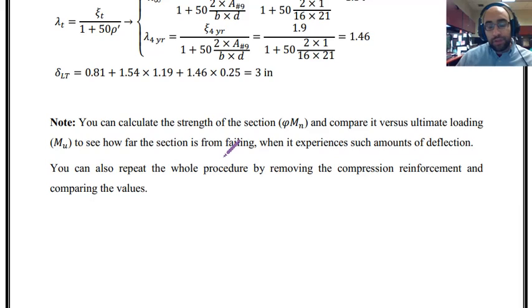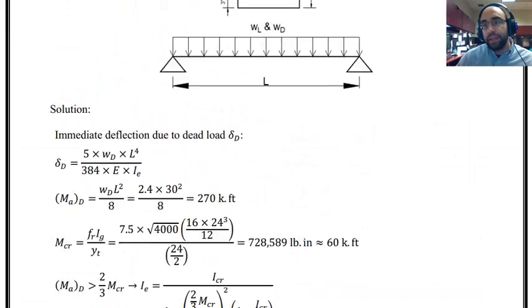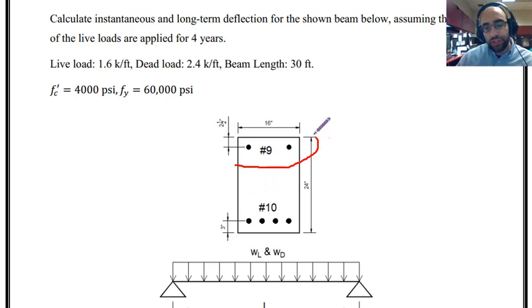The other thing that I suggest you to do is to remove the compression reinforcement and then solve the problem again. Remove the compression reinforcement, or these 2 number 9 bars. Of course, it will be very similar to what we solved in the class, but in terms of comparison of deflection values, that will be a good thing to see.